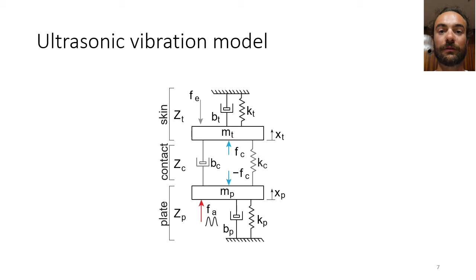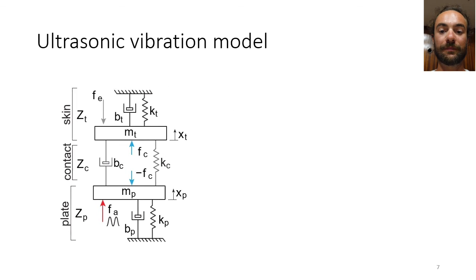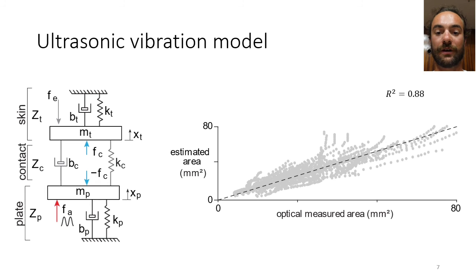This lumped parameter model is used to retrieve the contact impedance from the measure of the plate impedance, which then leads to an estimation of the area of contact between the skin and the oscillating plate. This estimation has been compared to the optical measure of the real area of contact, and this dataset is well correlated with an R-square of 0.88.